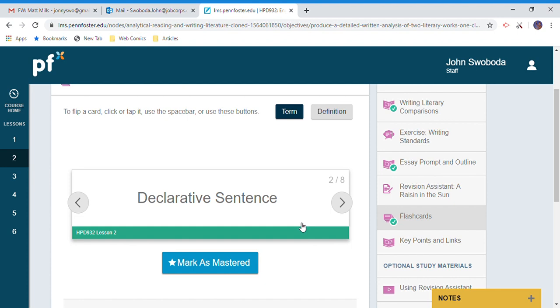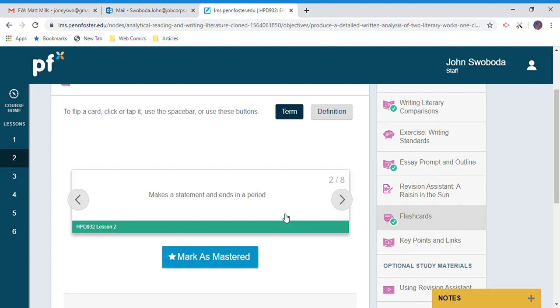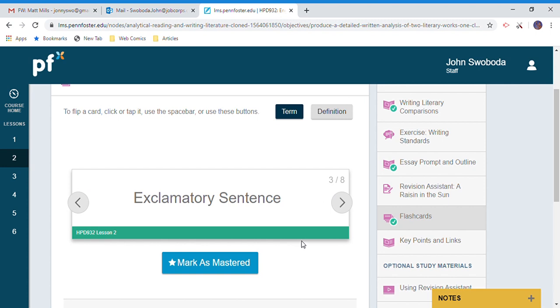Declarative sentence. Declares something. Declares a fact. So, like, that ball is red. Makes a statement and ends in a period. Exclamatory sentence. Ends in an exclamation mark. Ow! Exclamation point. You hit me in the face with that kickball.